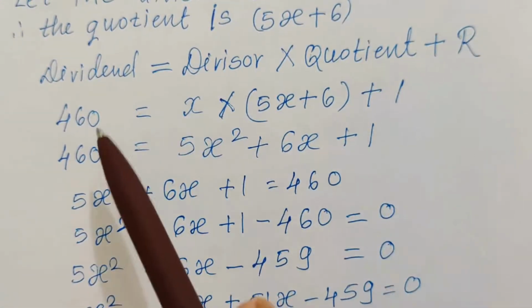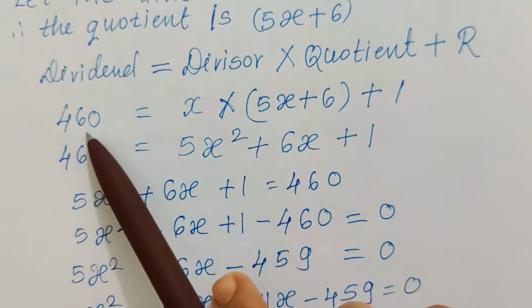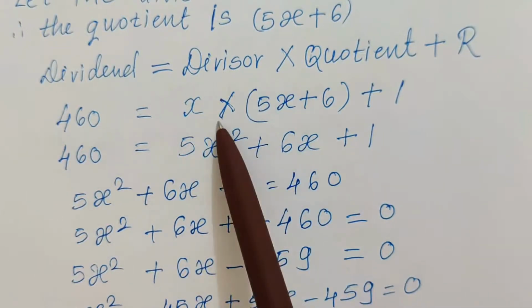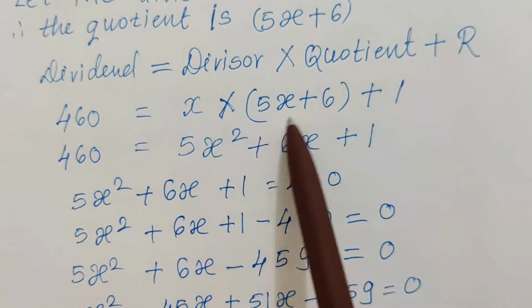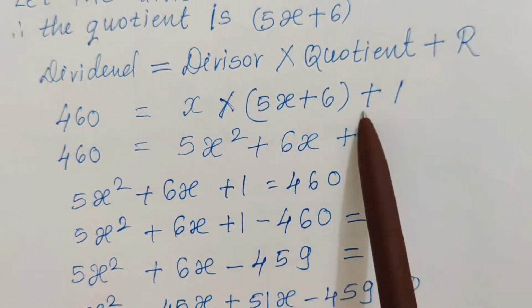By this formula, the dividend already given in the question is 460. Divisor we consider x, multiply by quotient 5x plus 6 according to the condition, plus remainder 1 is given.